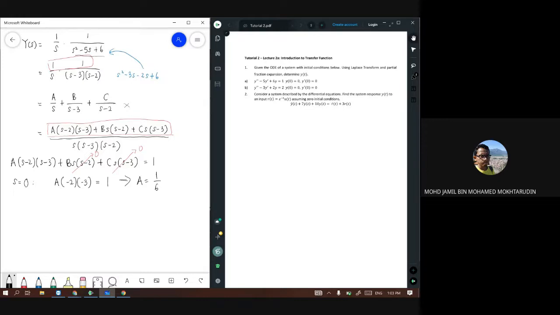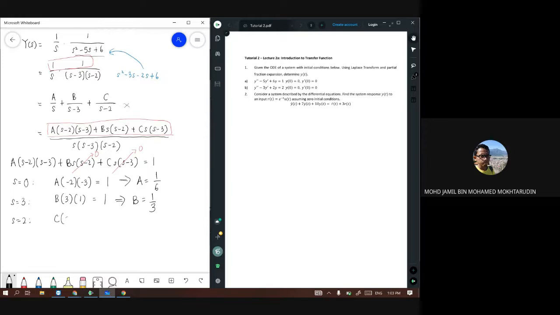And then we want to find B. So we substitute with s equals 3. So we get B times 3 times 1 equals 1. So you get B equals 1/3. Okay, so to find C, you substitute s equals 2.